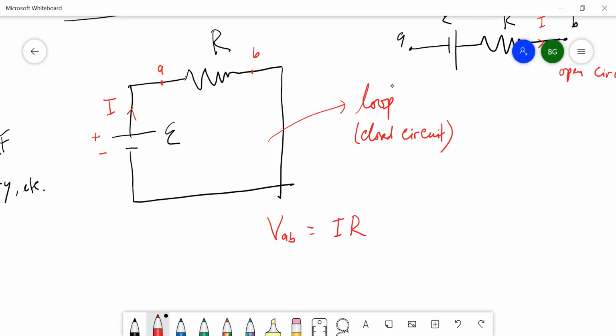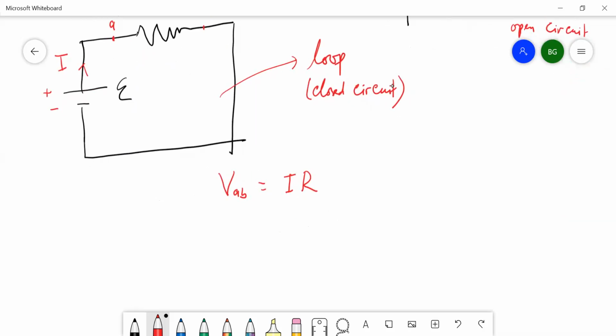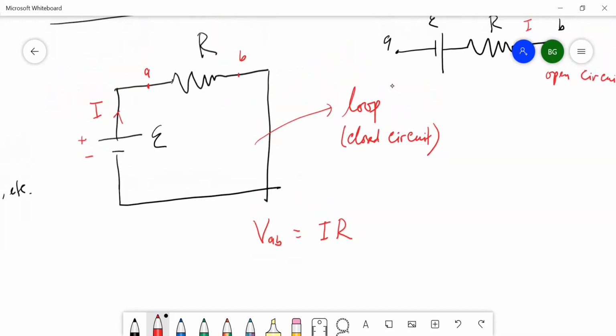As you know intuitively, equivalently, we can also take this A here and B here, okay?